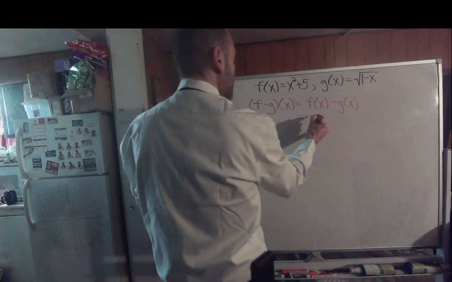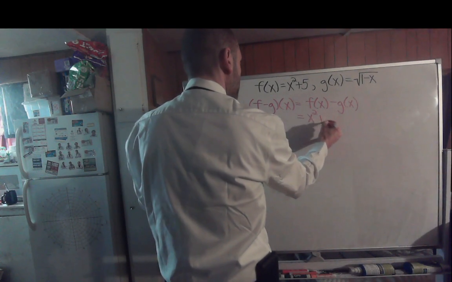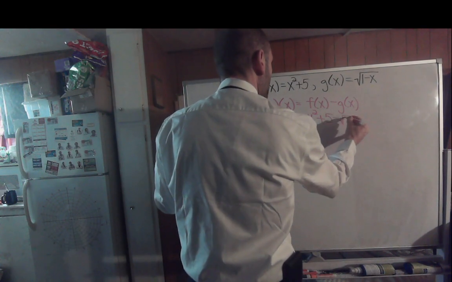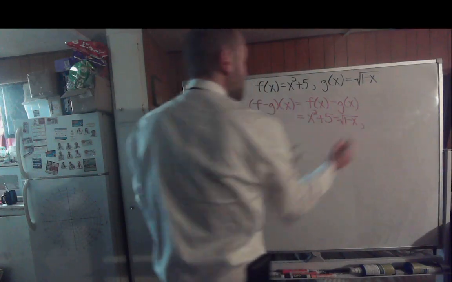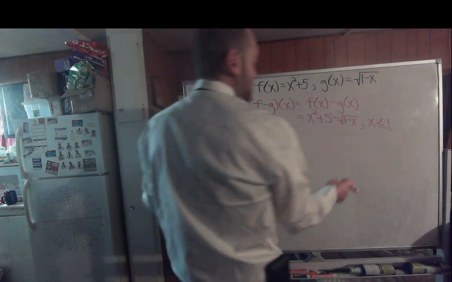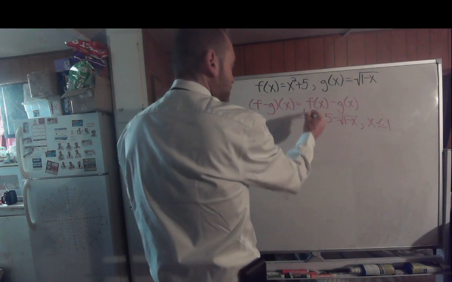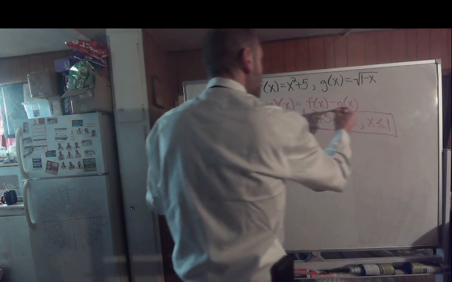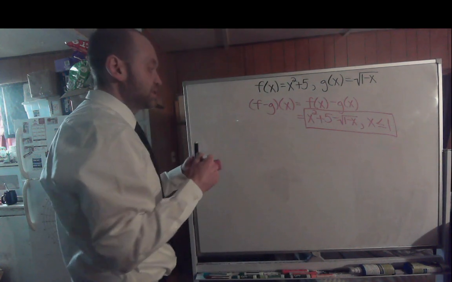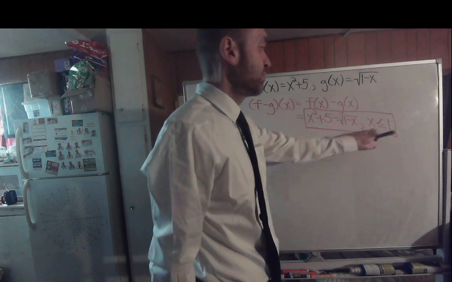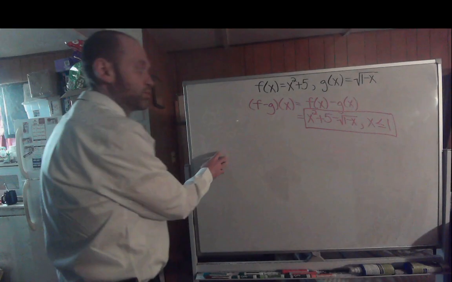So this would be x squared plus 5 minus the square root of 1 minus x, provided again that x is less than or equal to 1, because you don't want to have a negative value under the radical. So f minus g of x is x squared plus 5 minus the square root of 1 minus x, provided that x is less than or equal to 1.